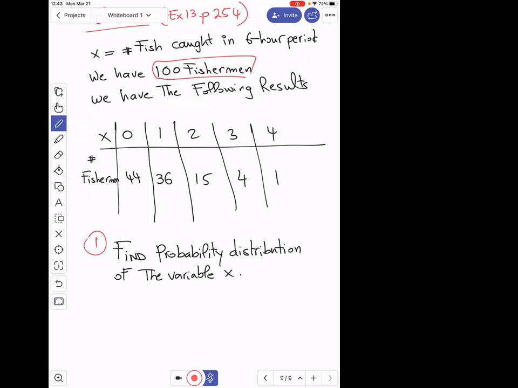Two, you need to graph the histogram of the probability distribution.